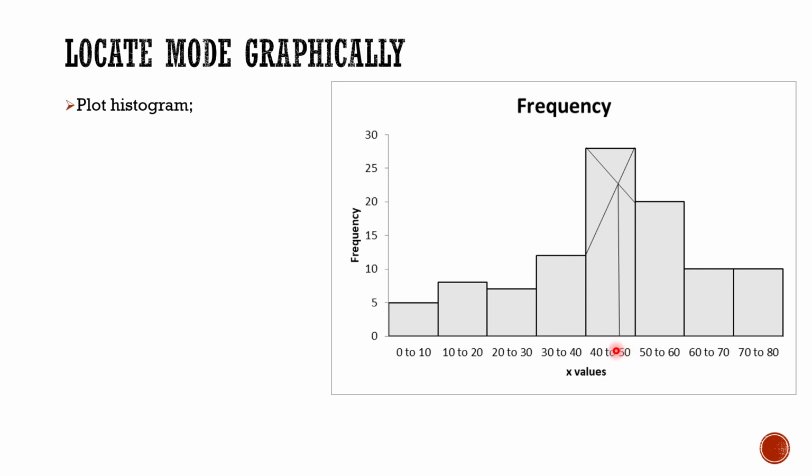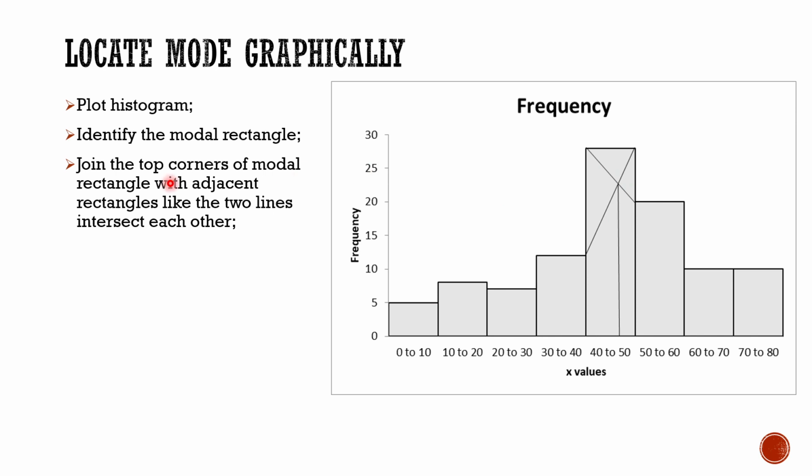Now identify the highest rectangle, and you can see that is 40 to 50, the modal class, and the highest frequency is 28 here. This is the modal class, as I have already mentioned. Now join the top corners of the modal class with the immediate next corners of the adjacent rectangles.